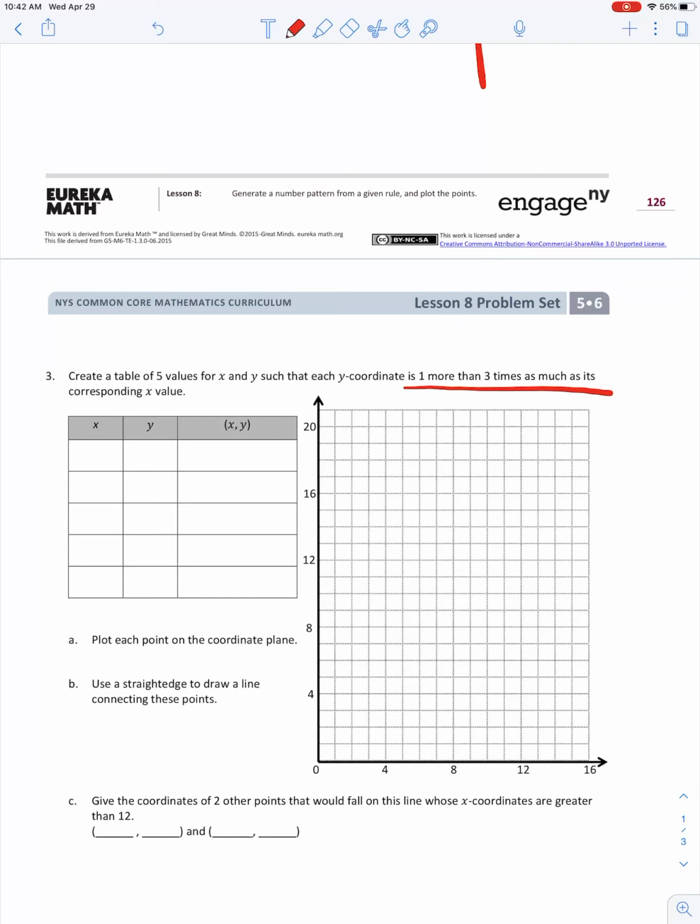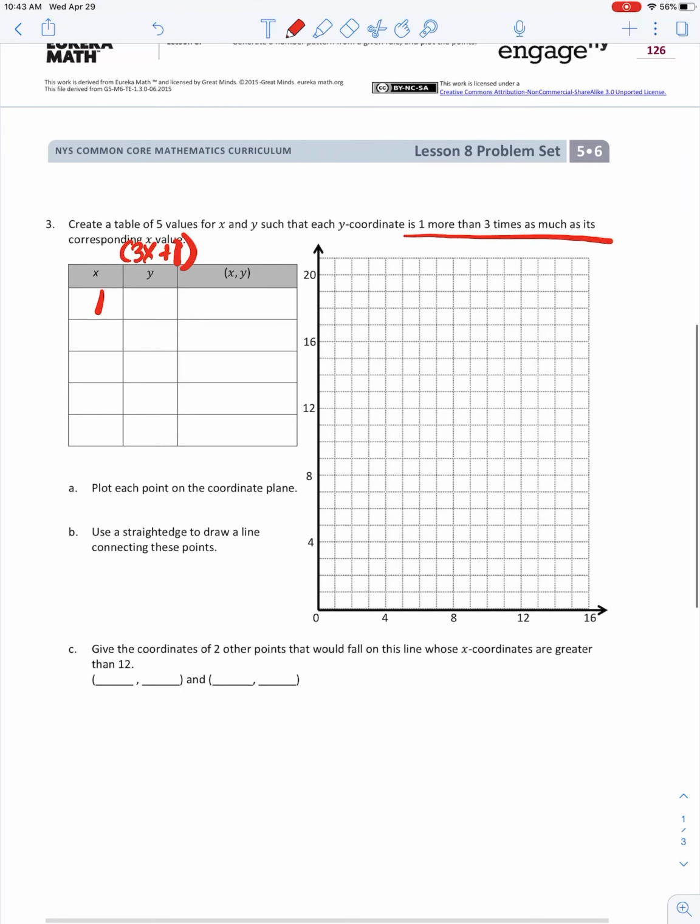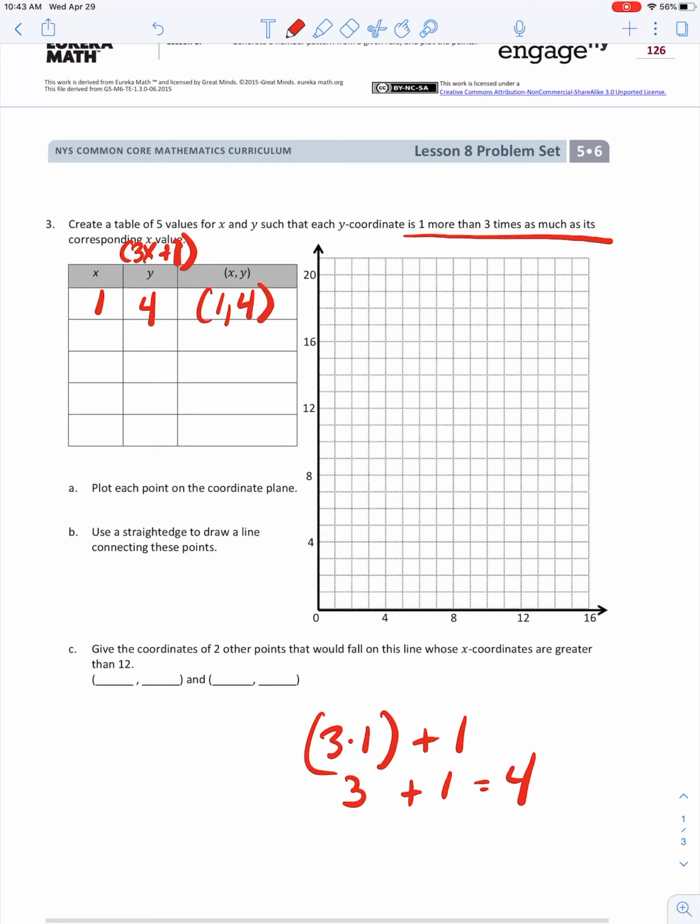So I'm going to put over here 3x plus 1. Okay? 3 times as much. So I gave you the value of 1, correct? So I'm going to go down here and do the work again. So 3 times 1 equals 3 plus 1 equals 4. So that value would be 4. So your coordinate pair would be 1 and 4.